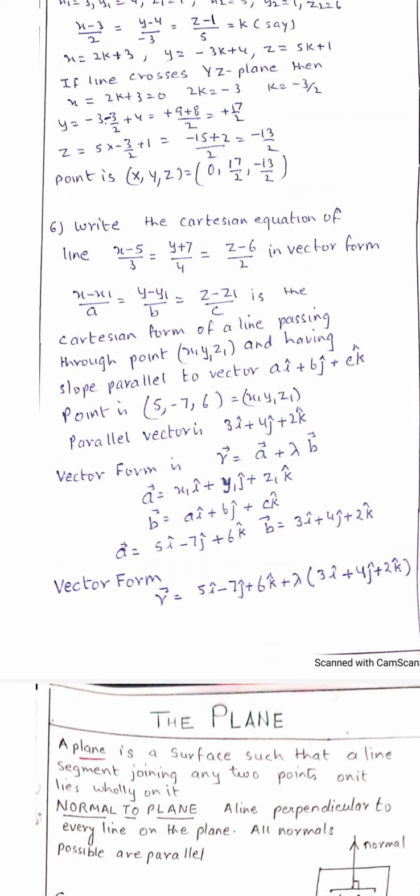This represents vector a = 5i - 7j + 6k, and parallel vector will be 3i + 4j + 2k, and vector form is r = a + lambda b. In place of a, let us put 5i - 7j + 6k. In place of b, we put lambda multiplied by 3i + 4j + 2k.